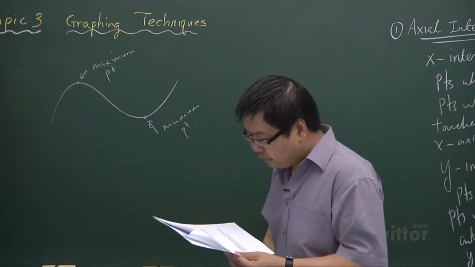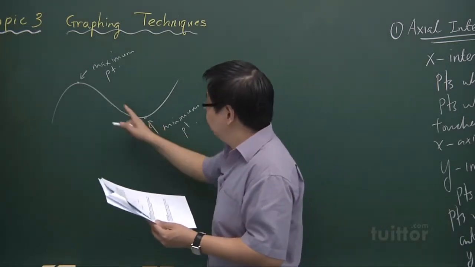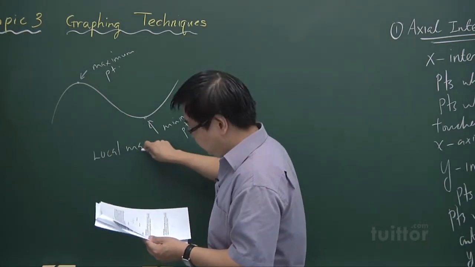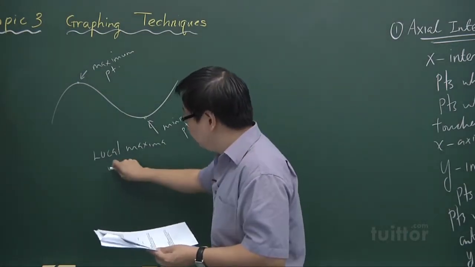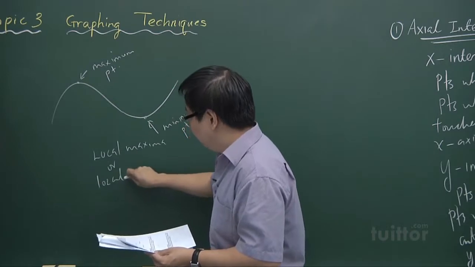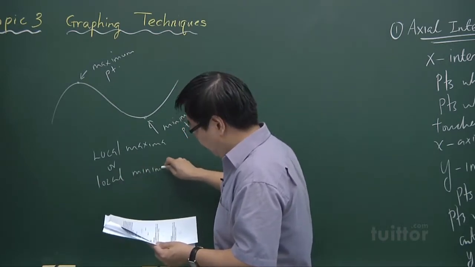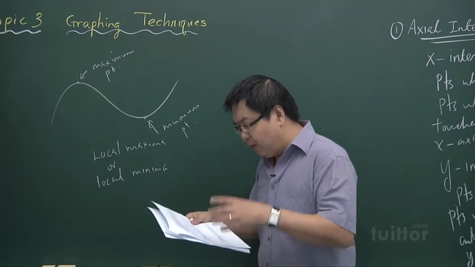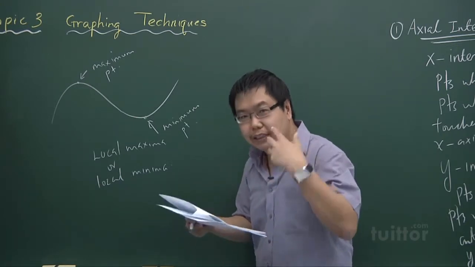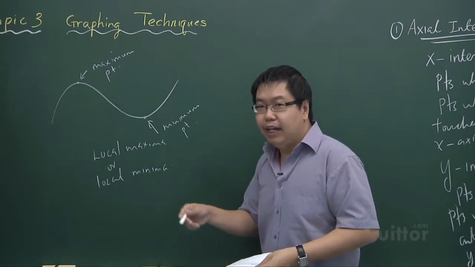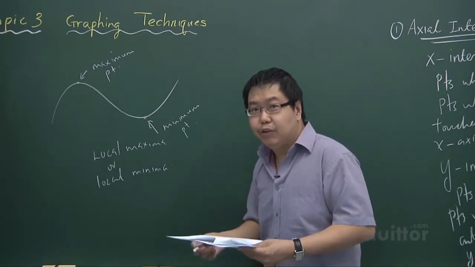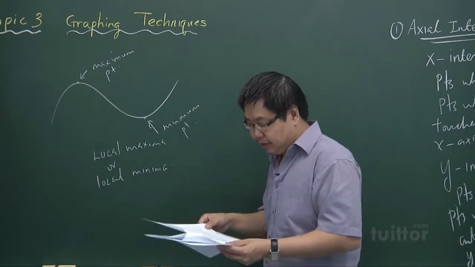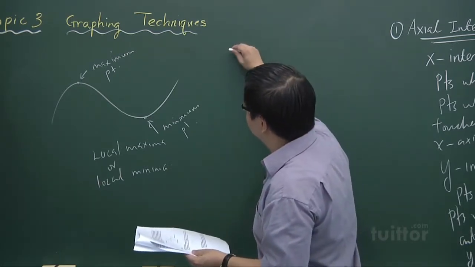These points are sometimes what we call the local maximum or local minimum, accordingly, whether it's a maximum or minimum point. And how do we actually go about finding the turning points? We have to do what we call differentiation, which we will talk about in our chapter on differentiation later on.